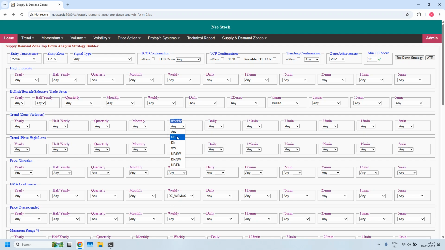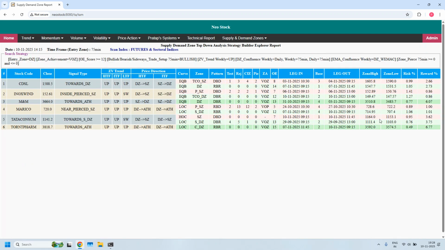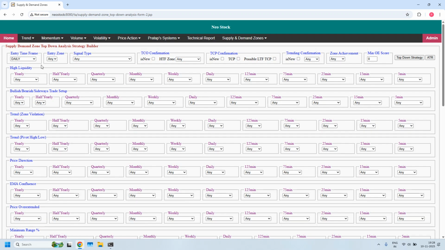Trend on the weekly should be uptrend. So we got 6 stocks. Okay, this is bullish trade setup weekly income trade.